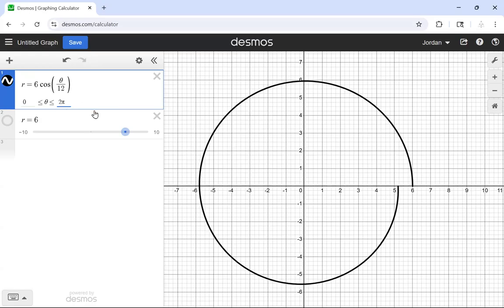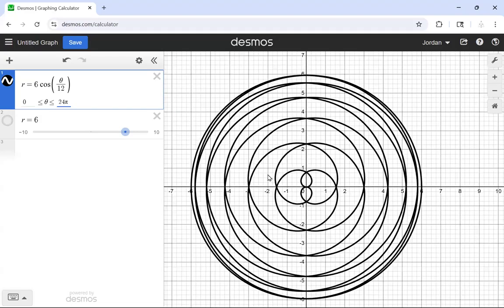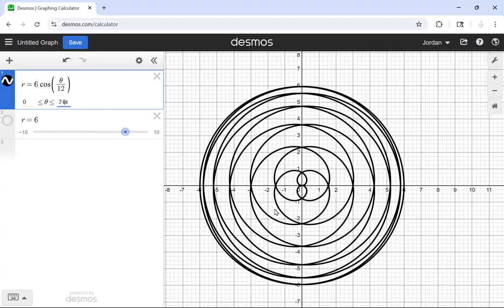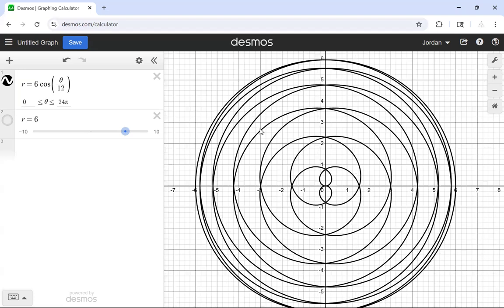So when I do theta over 12, I probably want to go out to at least 24 pi, so I get the entire period of the cosine function. If I do that, I get this really strange looking object. Again, lots of loops and just keeps looping and looping and looping.